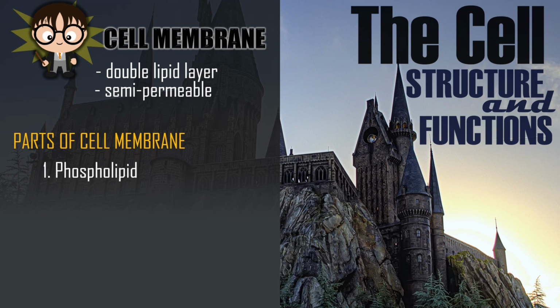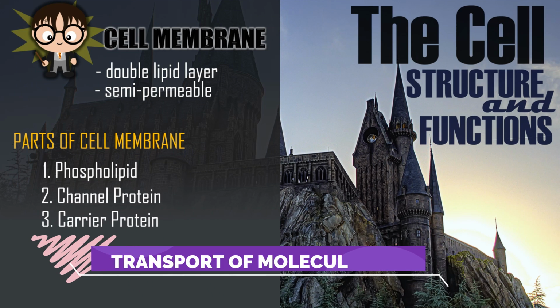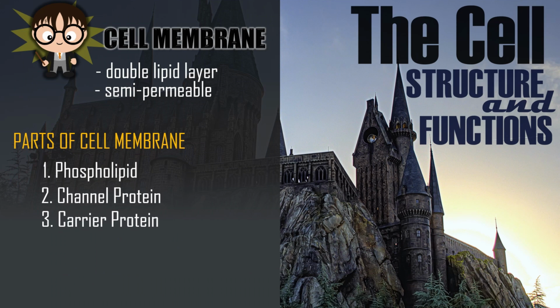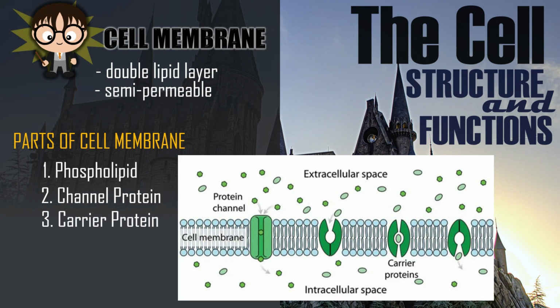Also, the proteins in the phospholipid bilayer, which are called membrane proteins, for example channel protein and carrier protein, participate in the transport of molecules. These membrane proteins allow the entry or exit of molecules that do not easily cross the phospholipid bilayer. So molecules that cannot pass through the cell membrane can pass through the membrane proteins. On the left side, we have the carrier protein.